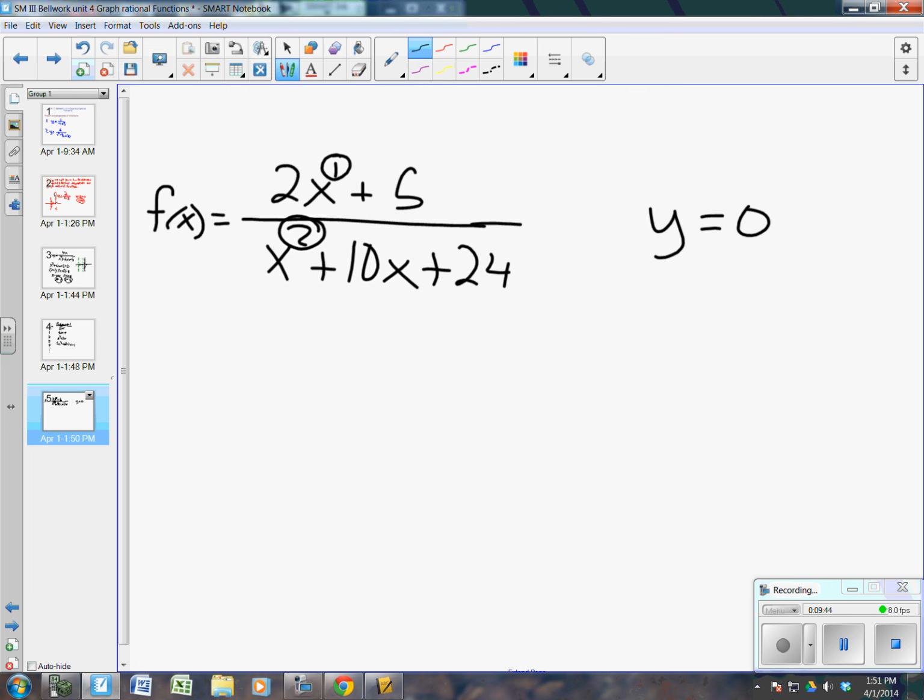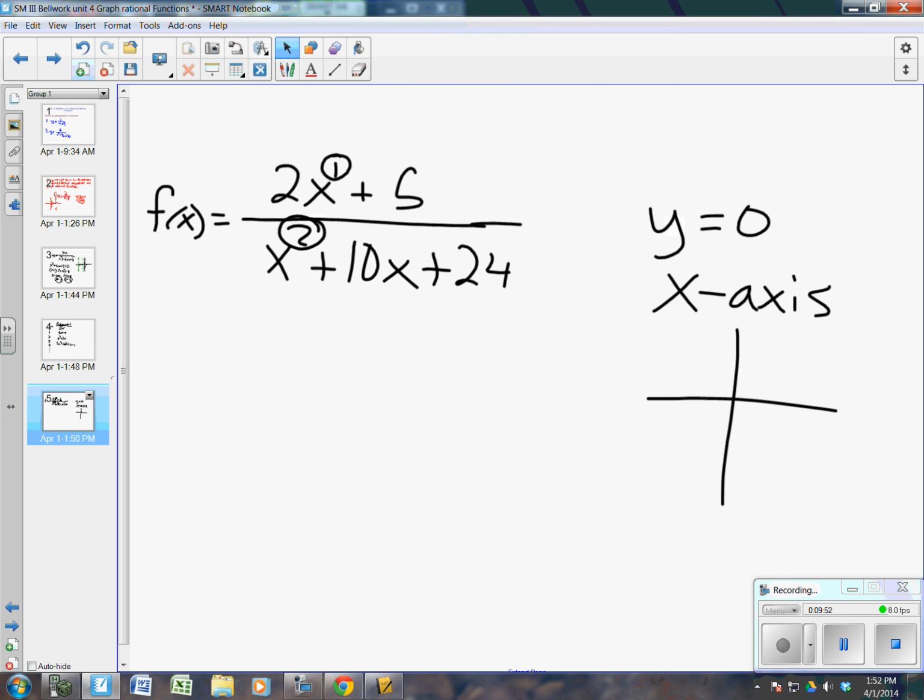Where is y equals 0? The x-axis. In other words, here's the x and y axis. y equals 0 is a horizontal asymptote that contains the x-axis. I would write that down on your paper, that y equals 0 is the x-axis.